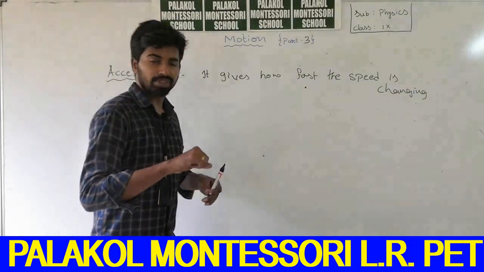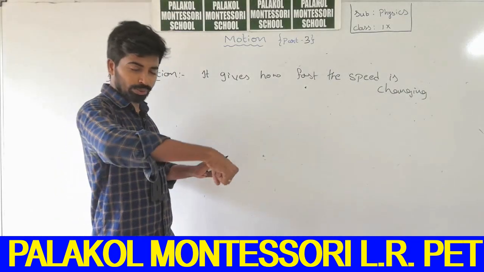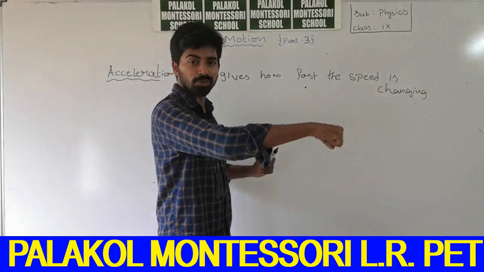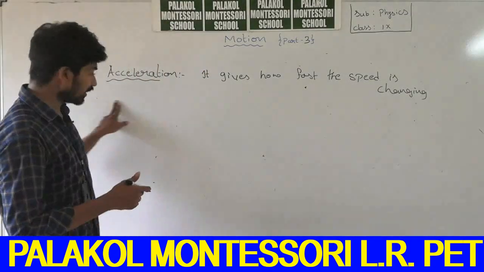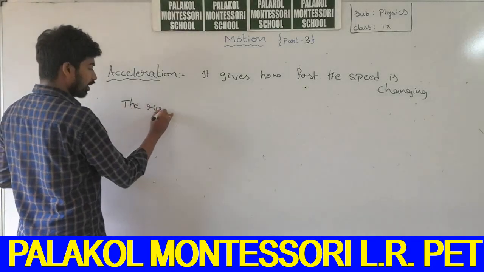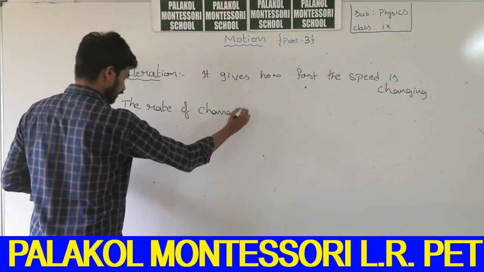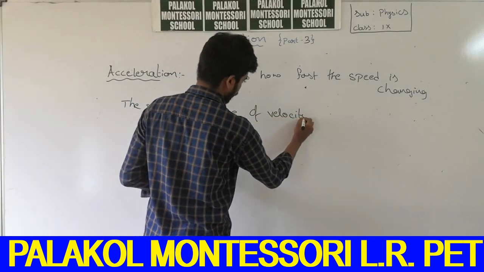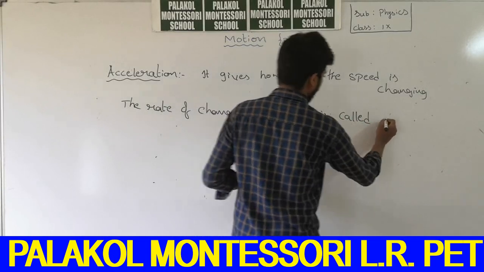For example, if you want to increase the speed of your vehicle, what do you need to do? You have to accelerate. So, increasing speed is called acceleration. Acceleration is nothing but the rate of change of velocity.